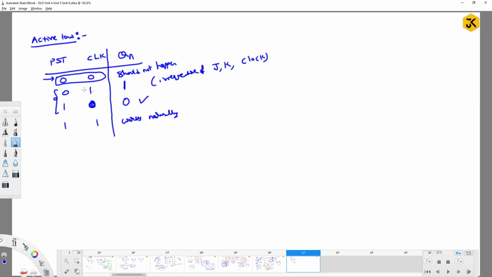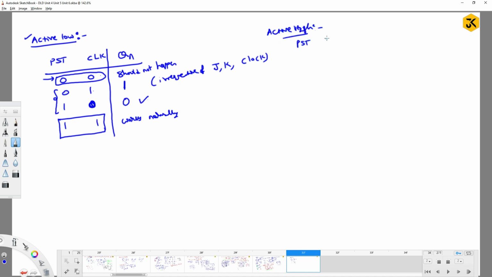So the point is, when preset or clock levels change, your output will change. But specifically, if you would like your JK flip-flop to work as usual, normally, then you have to pass PST and clock as 1 in the active low case. Similarly, you can have the alternative for this. When you have active high, how do you represent it?